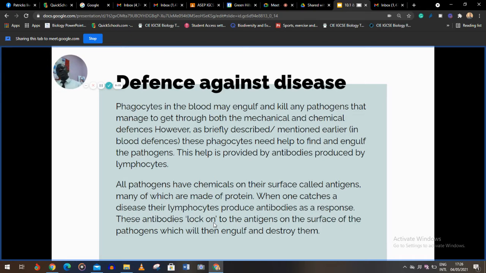The ones which grow from the bone marrow are referred to as B lymphocytes. Those B lymphocytes are responsible for producing antibodies and memory cells. Antibodies are produced as a response. Antibodies lock onto antigens on the surface of the pathogens, which are then engulfed and destroyed.